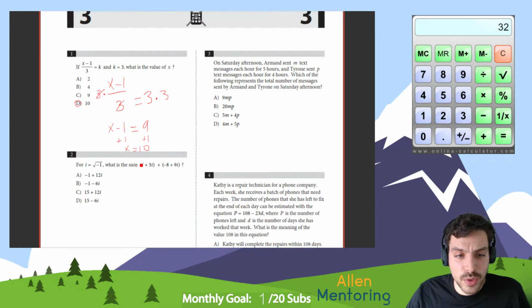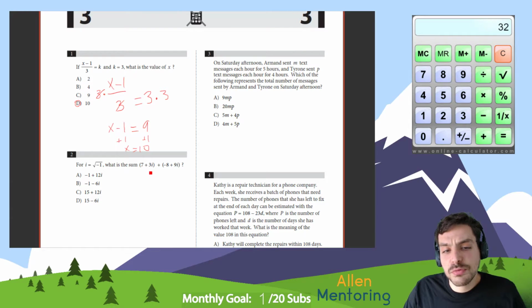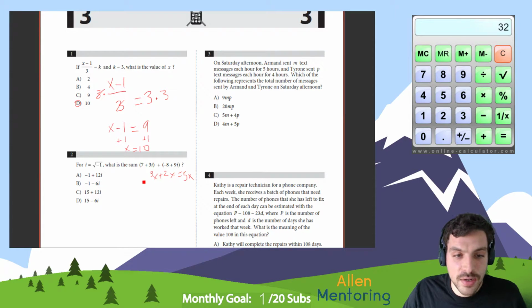They'll have some sort of integer, like you see here, 7, and then they'll have an imaginary number, something i. It could be positive or negative, but it's really simple: all you have to do is treat i as any other variable. If you were combining, let's say, 3x plus 2x, you would just have 5x. You could do the same thing with i.